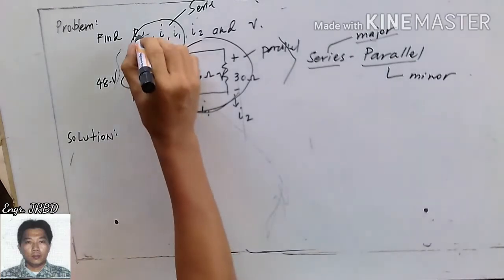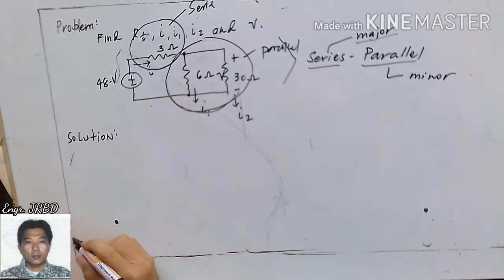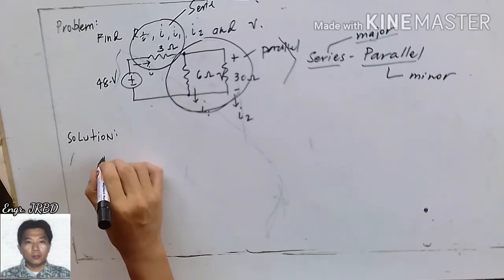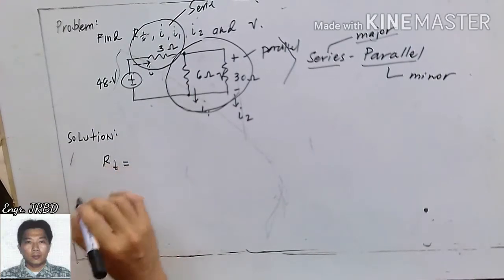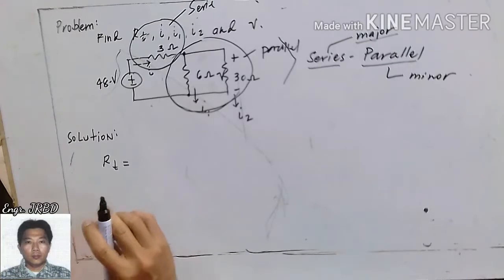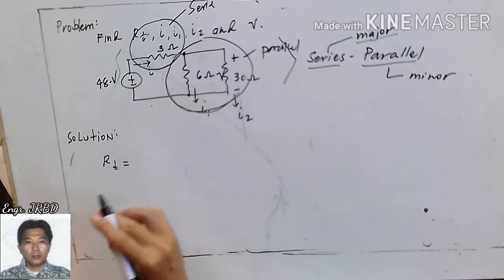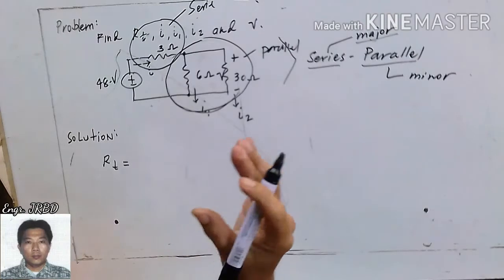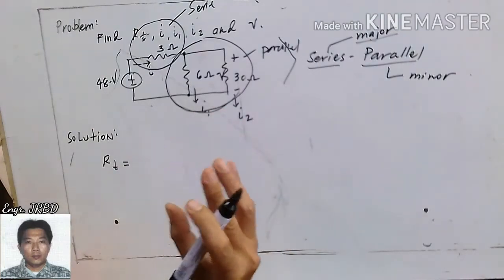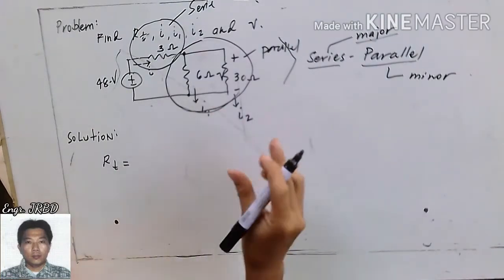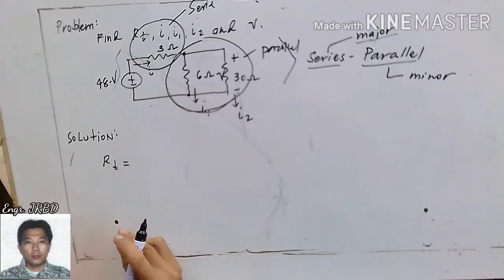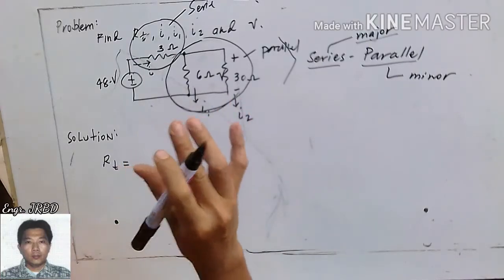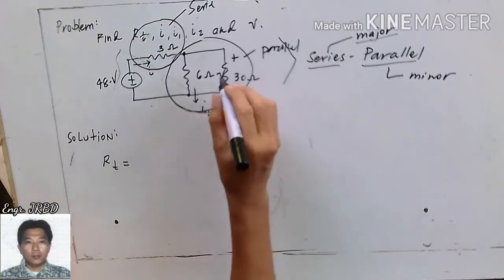Next, let us try to determine your total resistance RT. We always start with the most complicated part of the circuit. Paano mo alam kung asan dyan ang pinaka-komplikadong part? Yung pinakamaraming resistive elements, yun yung pinaka-komplikadong part. That is the easiest way to describe a complicated circuit. In this case, it is the parallel combination of 6 and 30 ohms.